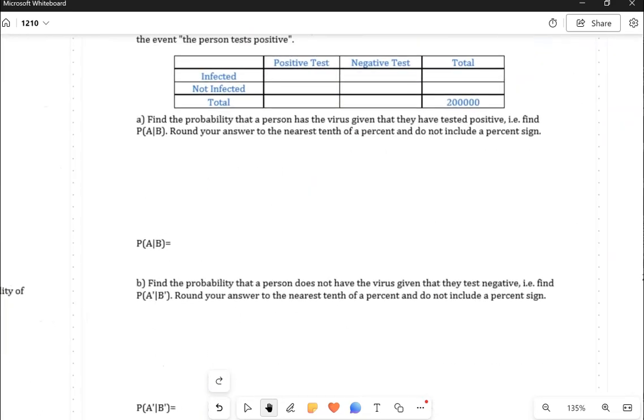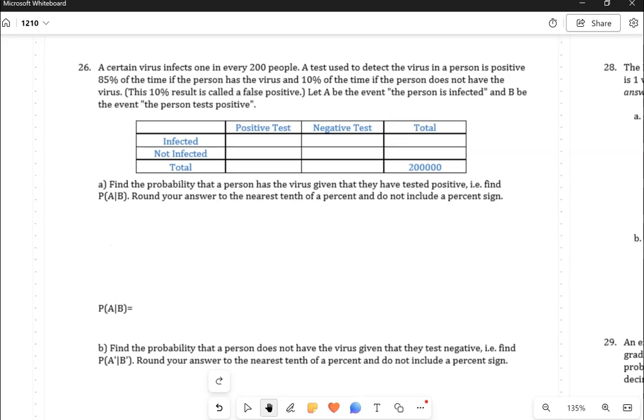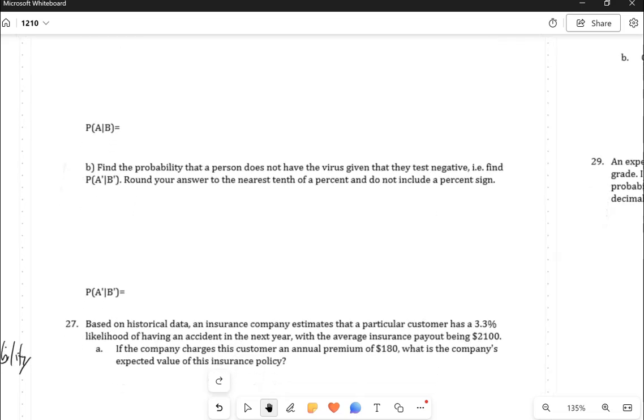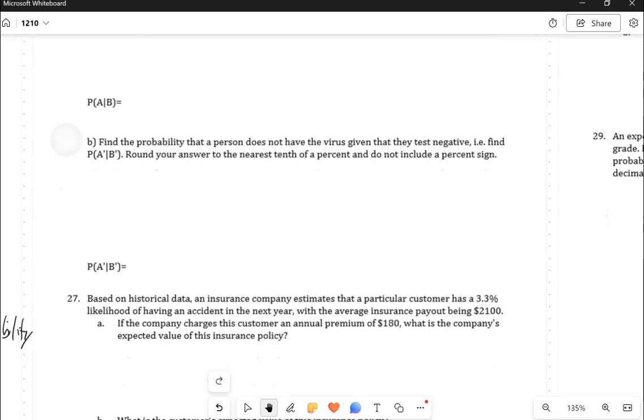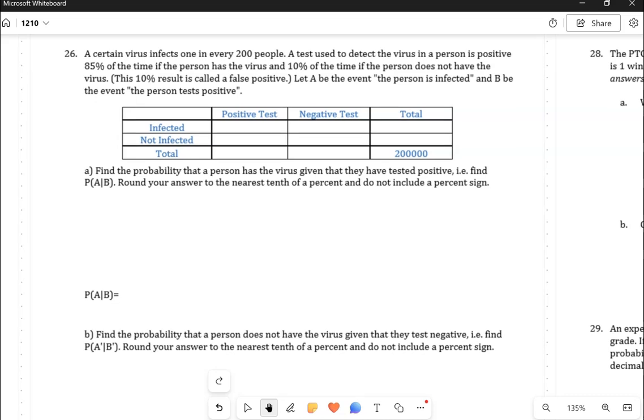All right, number 26. These questions are where it starts to get long. Now there are two basic ways that they give you this question.